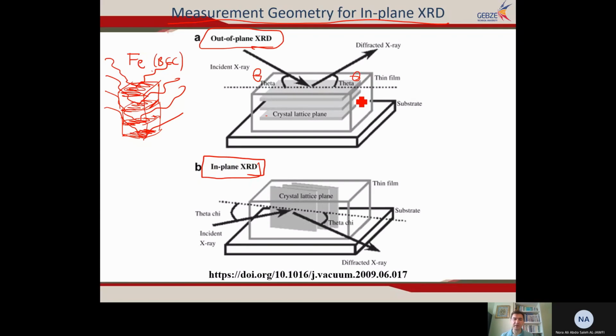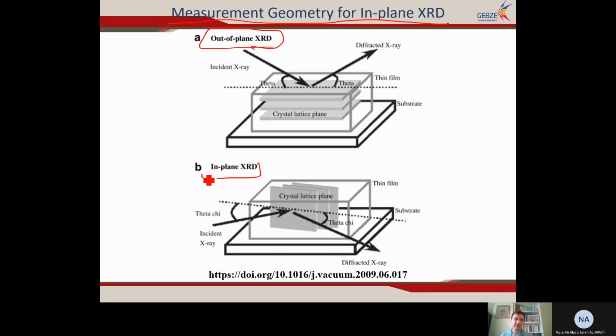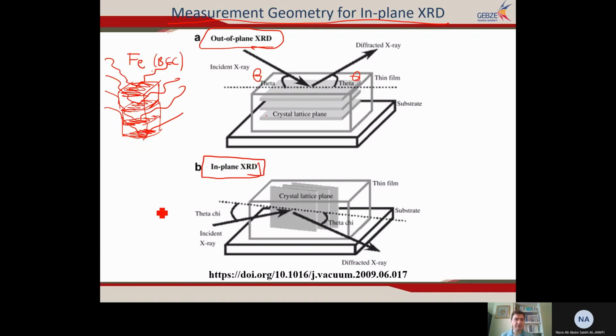This is out-of-plane XRD. But in the case of in-plane XRD, again, let's consider a cubic iron crystal with many cubic cells. Look at these planes now. I send X-rays from this side, more or less perpendicular to the surface normal. So in out-of-plane XRD, I am looking at these surfaces. In in-plane XRD, I am looking at these surfaces.